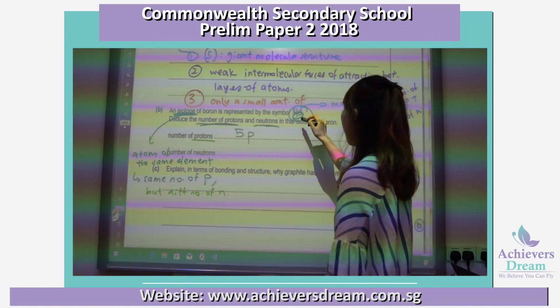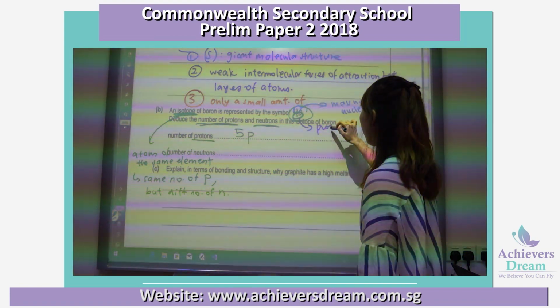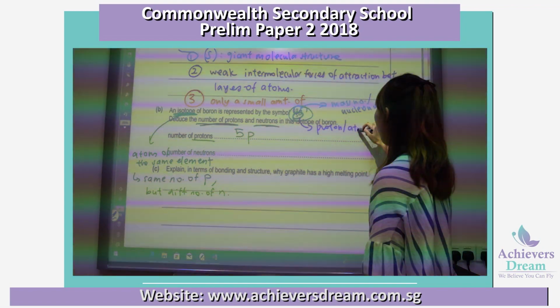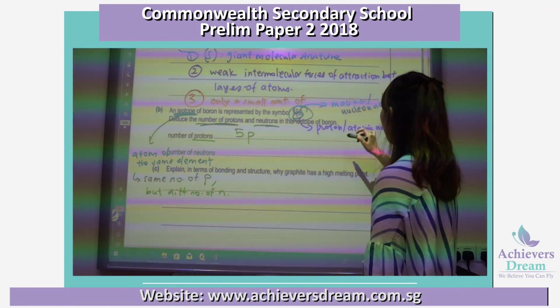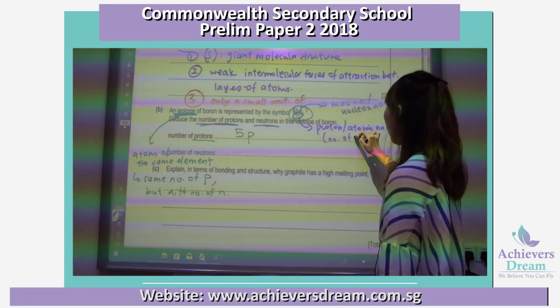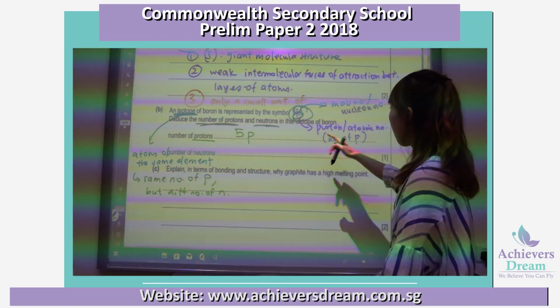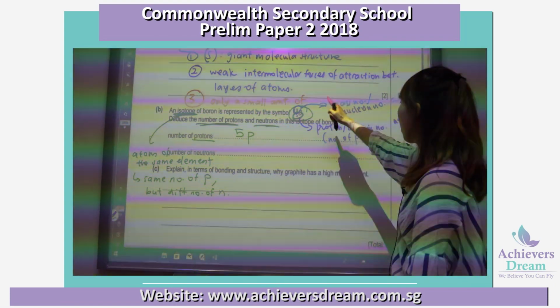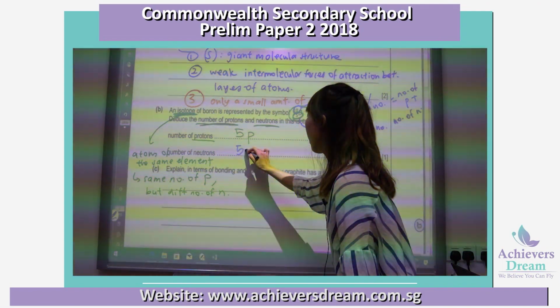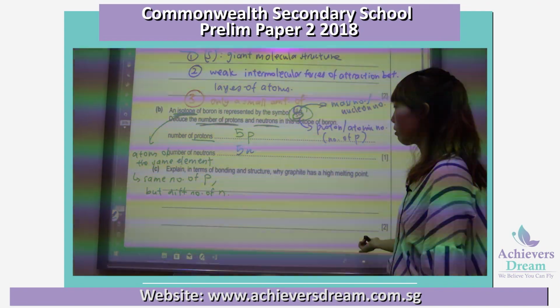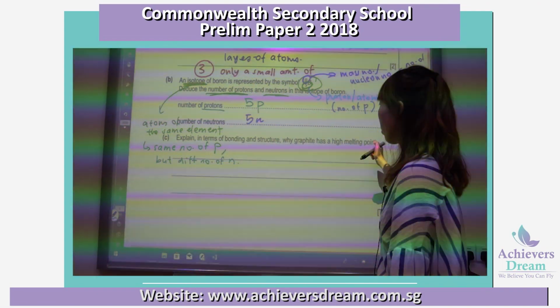Whereas 5 is your proton number or atomic number, the number of protons. To find the number of neutrons, I just do 10 minus 5 to get 5 neutrons. This one is an atomic structure question.